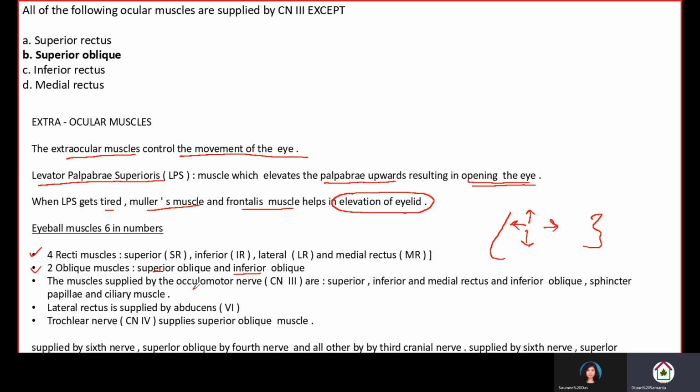The muscles supplied by the oculomotor nerve, that is third cranial nerve, are superior, inferior, medial rectus and inferior oblique, sphincter pupillae and ciliary muscle. Lateral rectus is supplied by the abducens, 6th cranial nerve, and the trochlear nerve supplies the superior oblique muscle.